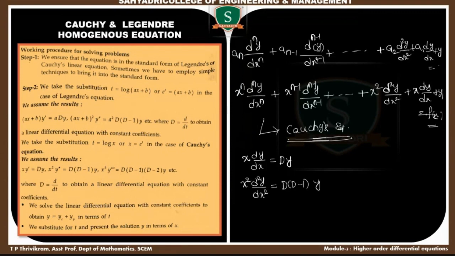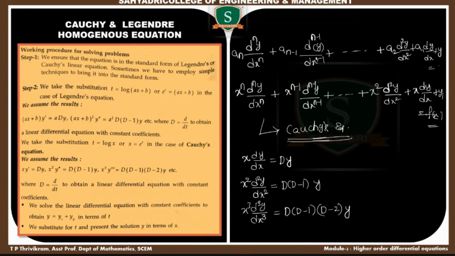Similarly, x^3 d^3 y by dx^3 is equal to D(D-1)(D-2)y; until where you have to stop: 3 minus 1 is 2, so you stop at D-2.